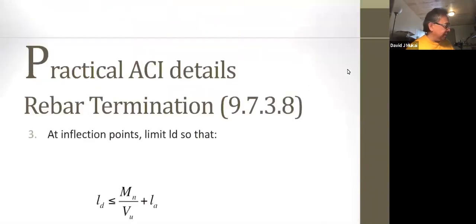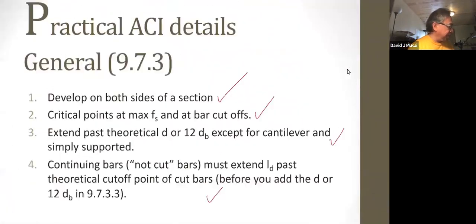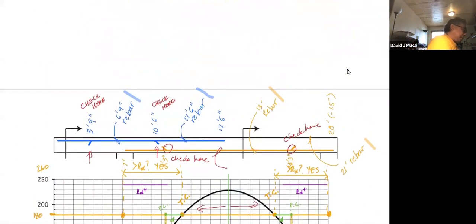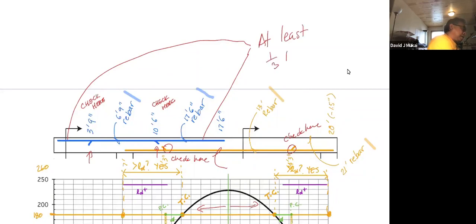Okay, so what we're saying, for the negative steel, okay, these 2 things are the positive orange bars that you're not cutting, at least 1/4 cannot be cut. The negative bars, at least 1/3 cannot be cut. Well, we got 2/3 going all the way for the blue, so we say yes.